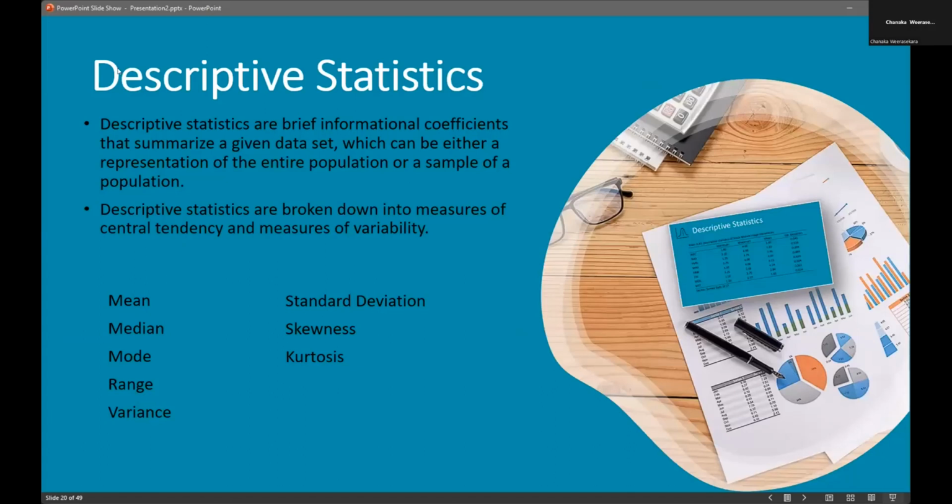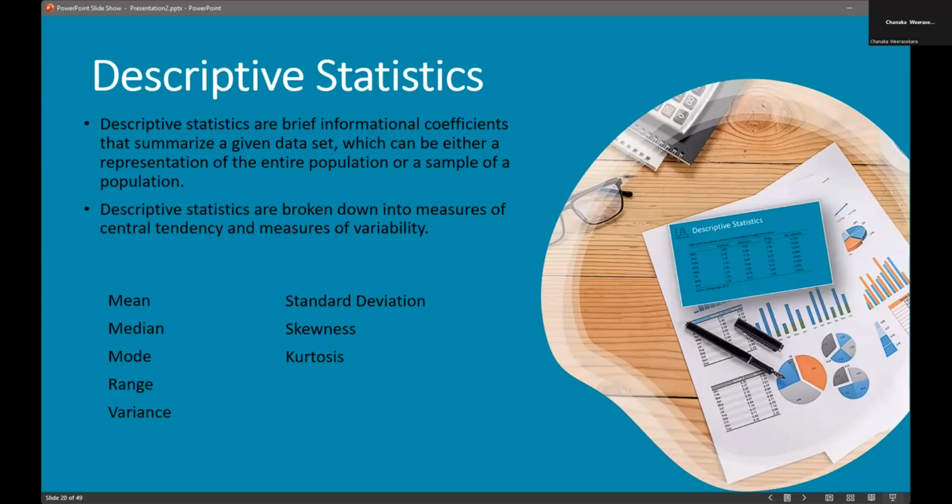Now we are coming into the part where we are trying to describe our data, right? The mean value, we all know that. I'm not going to take much time to explain these statistical measurements.